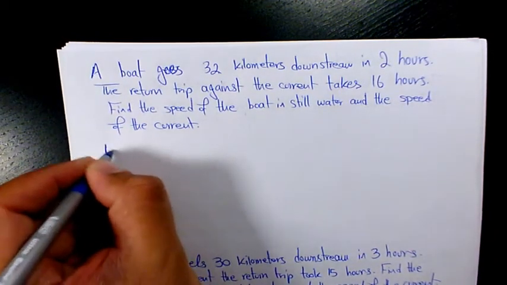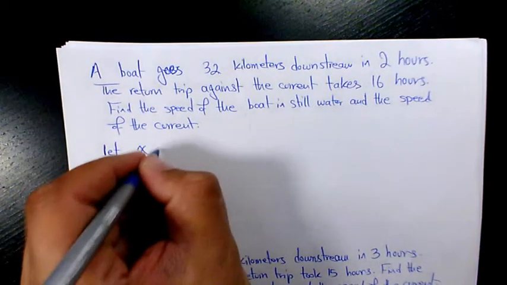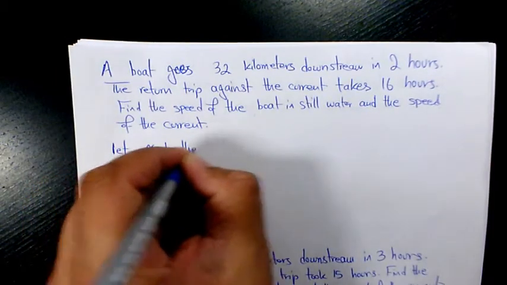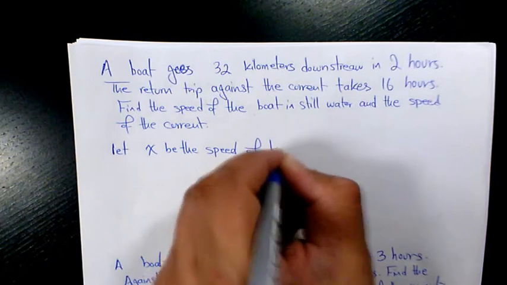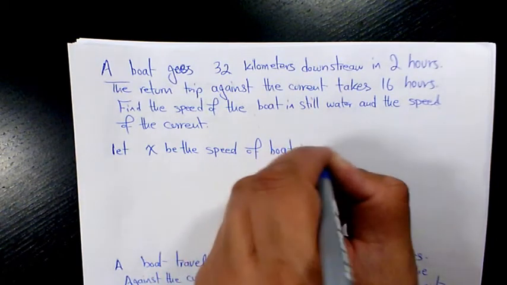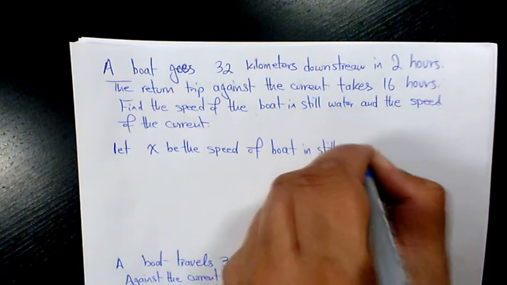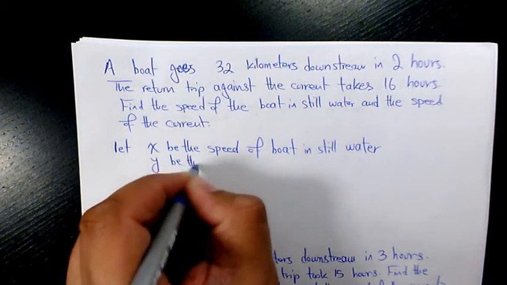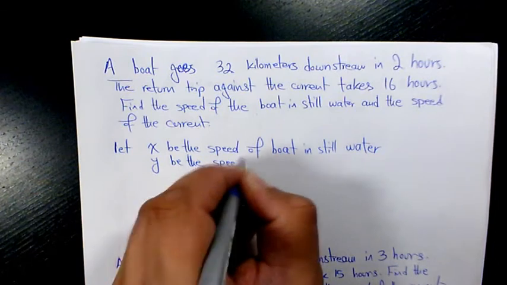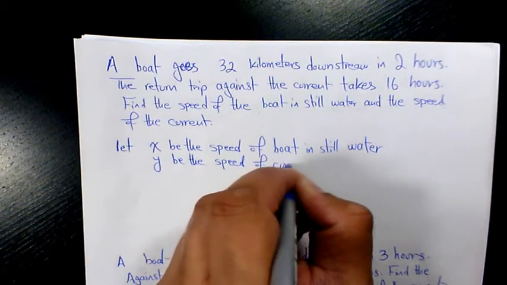So we're going to say let x be the speed of the boat in still water and y be the speed of the current.